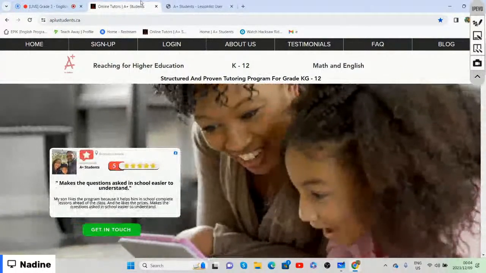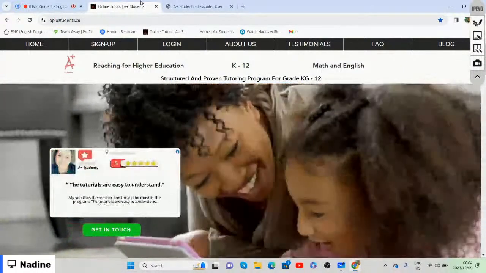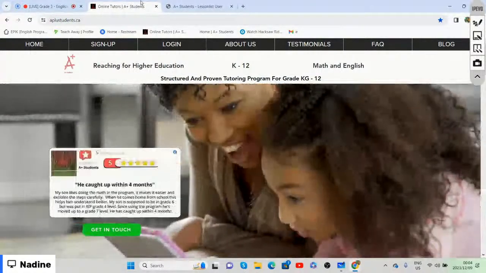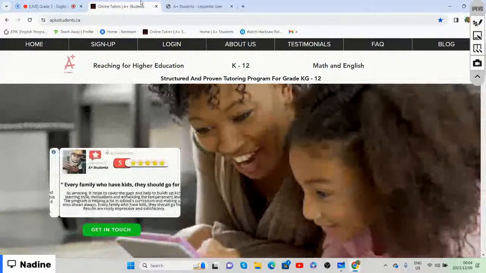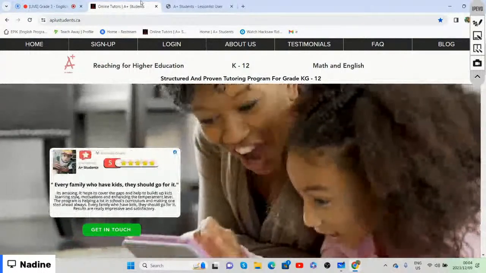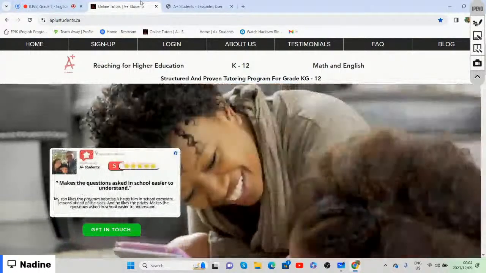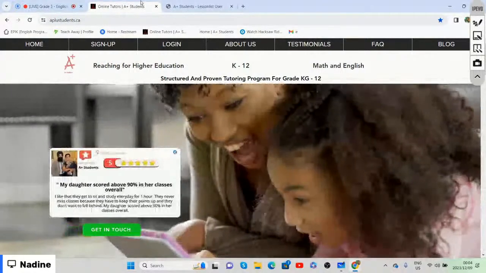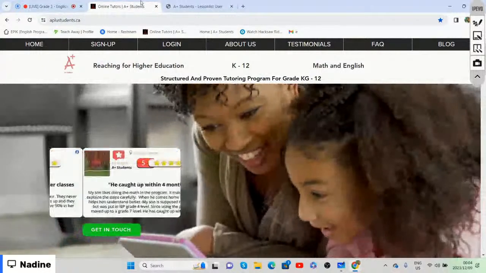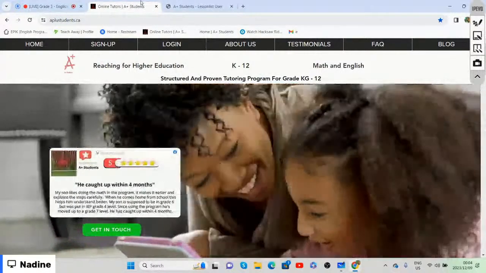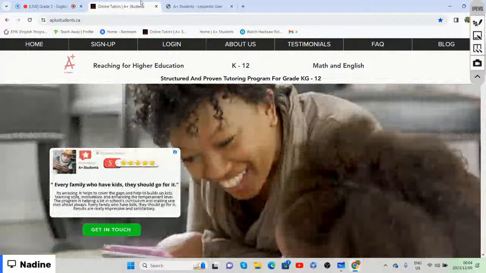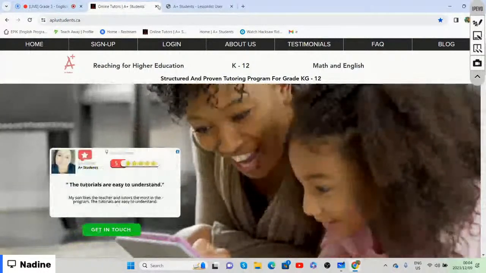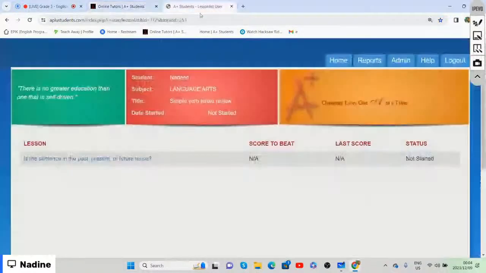Once you've logged in with your username and password, select the subject of language arts, grade 3, and then scroll down until we get to the chapter of simple verb tense.